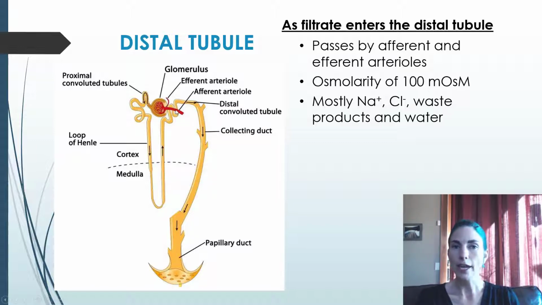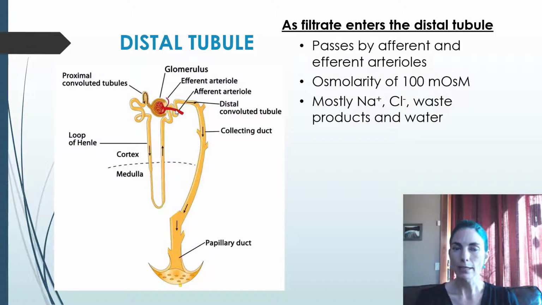That is the juxtaglomerular apparatus. We'll explore the juxtaglomerular apparatus in more detail in subsequent lectures, but I just wanted to remind you that there is that talking that occurs between the afferent arteriole, the efferent arteriole, and the nephron as it becomes the distal tubule.